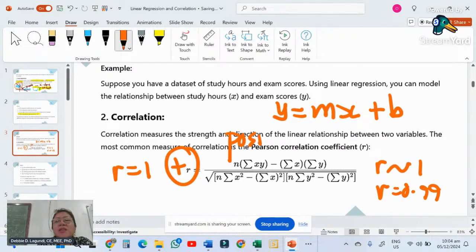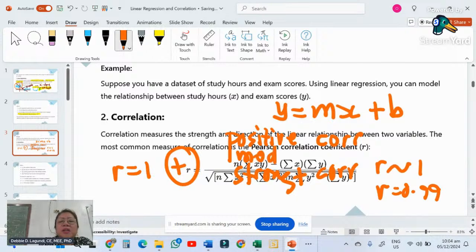So we can categorize it as positive relation or correlation. Positive correlation. We can also say a strongly positive correlation. It can also be moderate. If you categorize your 0.1 up to 1, then of course half of it is 0.5, right?